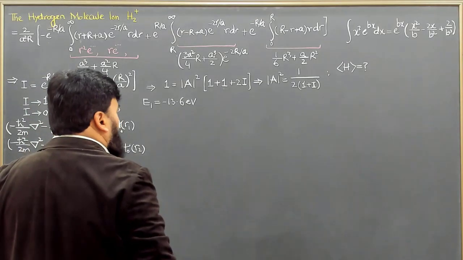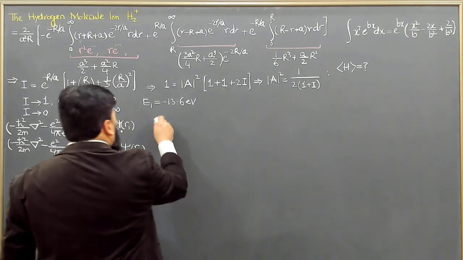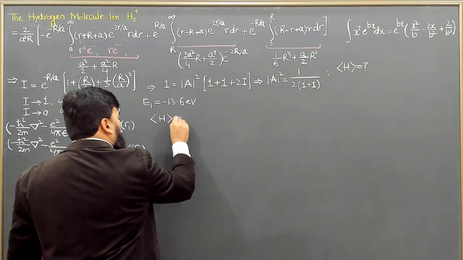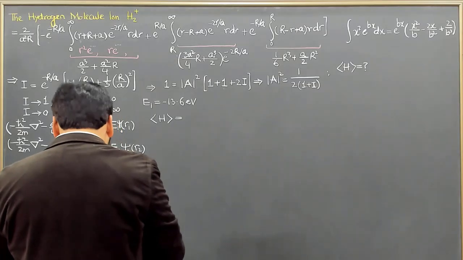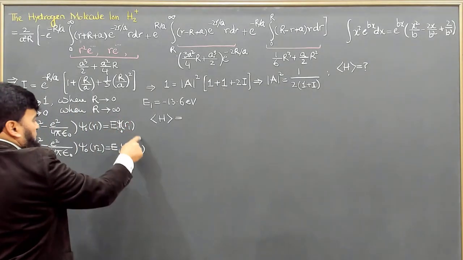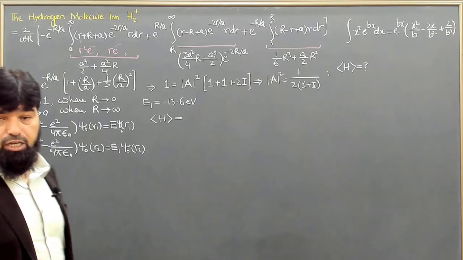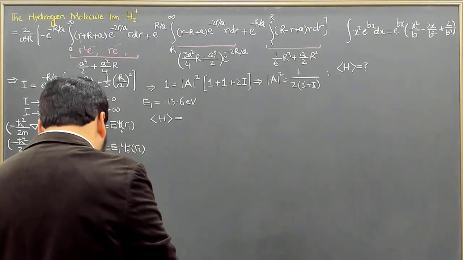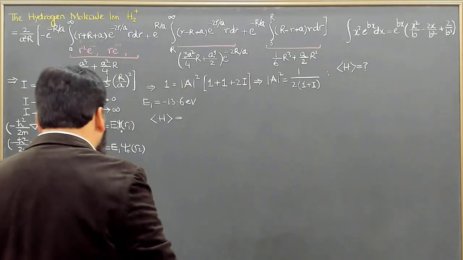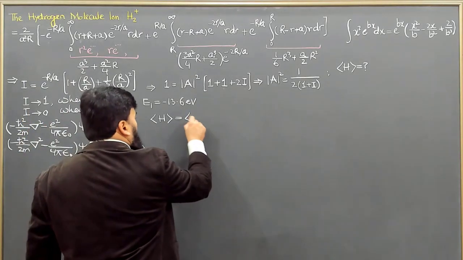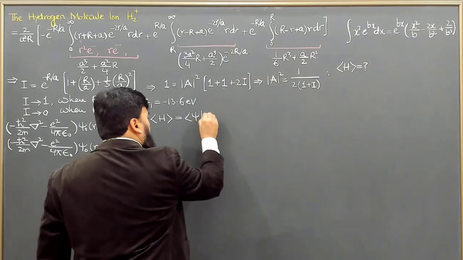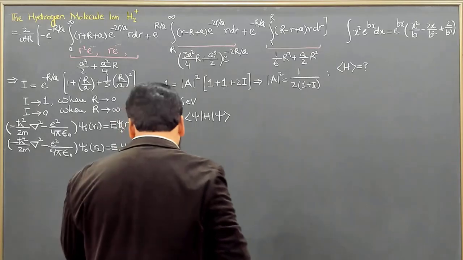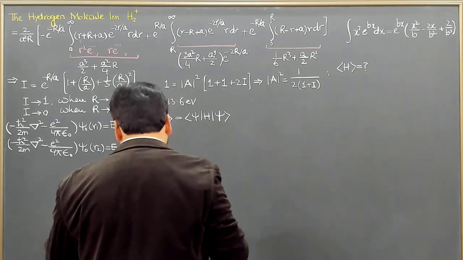So we have to calculate the value of H here. But now we will not take individual wave functions, we will take their linear combination as we did in the previous overlapping case. So I can write that the expectation value of H will be equal to psi H psi, where psi is basically the linear combination of the two.